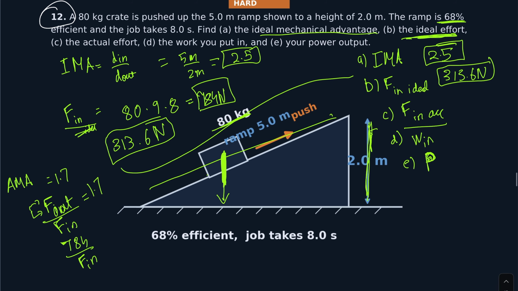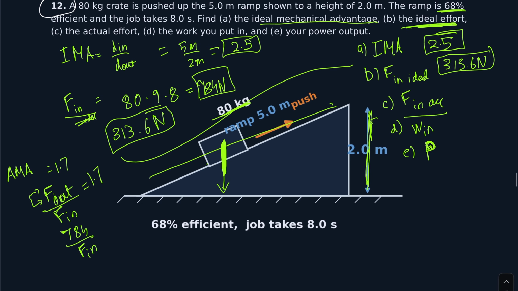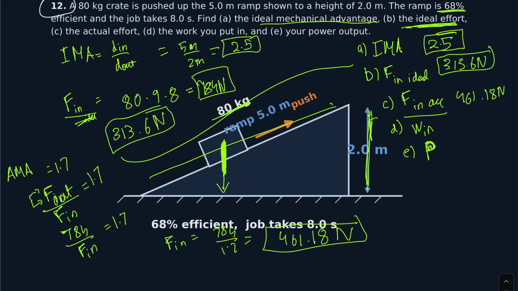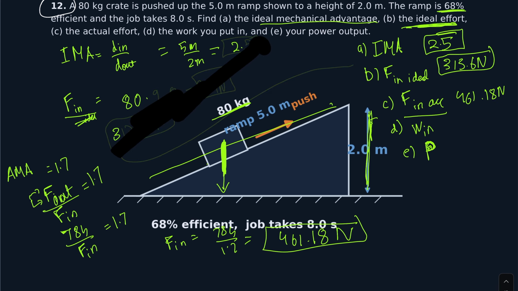So 784 divided by force in has to be equal to 1.7. So force in is just 784 divided by 1.7, or in other words, 461.18 newtons. Okay, so 461.18 newtons.